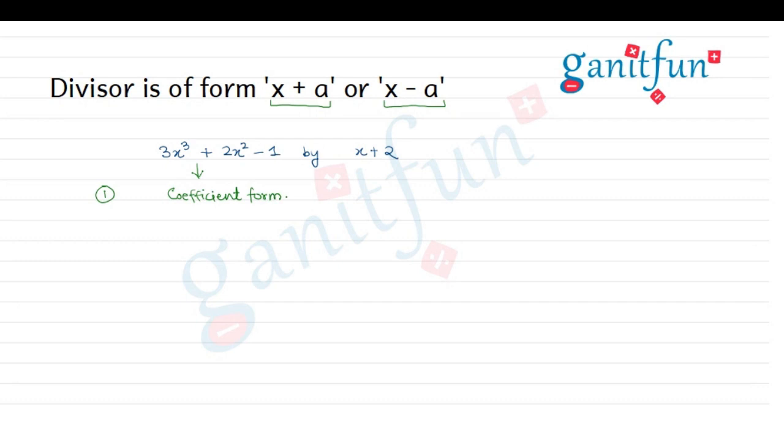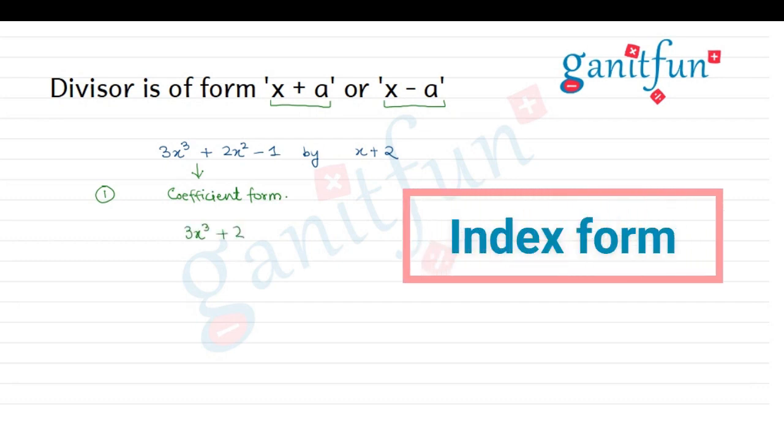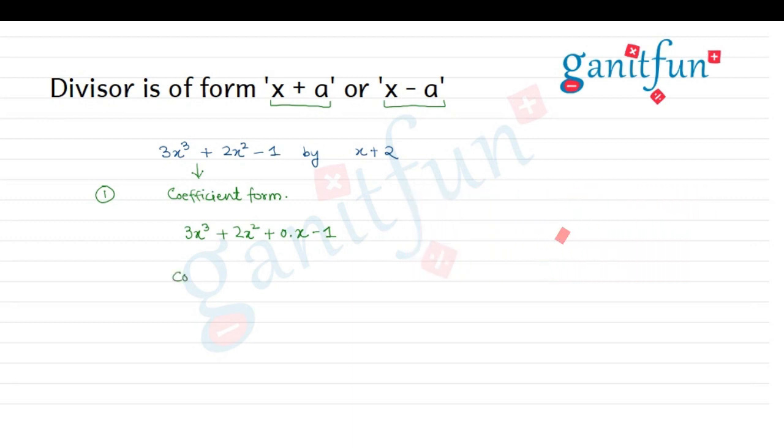In this case, 3x cube plus 2x square, and we don't have the x term, power 1, so we write it as 0 into x minus 1. So now we have all the powers of x in decreasing order, and the coefficient form of this polynomial will be 3, 2, 0 and minus 1.